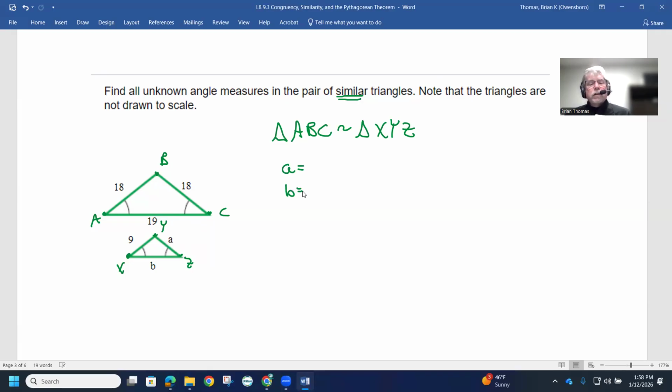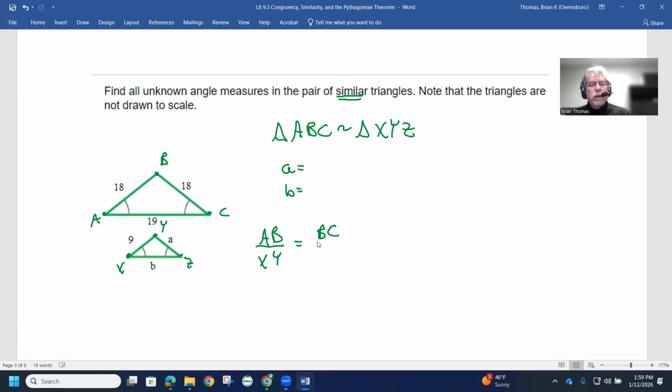Well, since the triangles are similar, that means, and if I'm going to go from big to small, that means AB is in relationship with XY. So AB over XY, that ratio should be the same thing as BC over YZ.